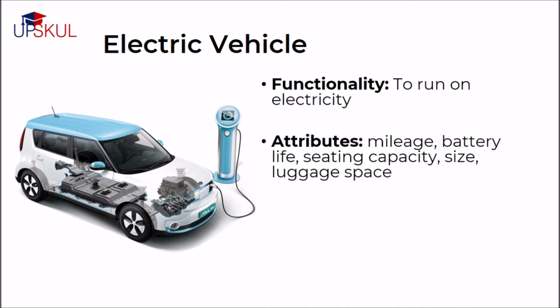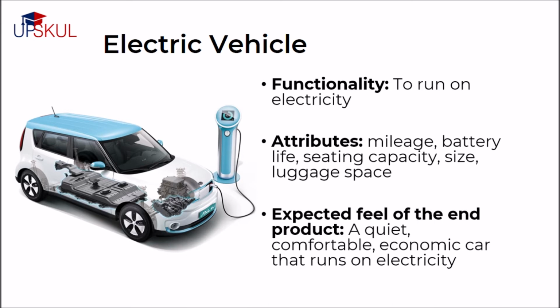How many of us can sit in it? What are the dimensions? And how much luggage can it carry? These parameters decide the make of the car. What India needs today is a quiet, comfortable, and economic car that runs on electricity. This way, we can create a basic definition of how products should be.